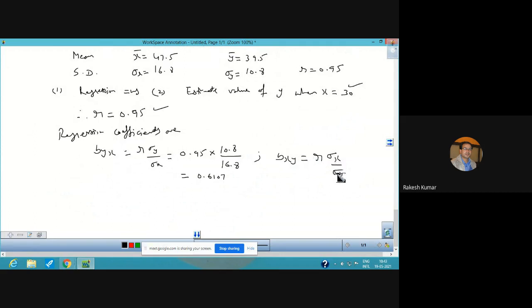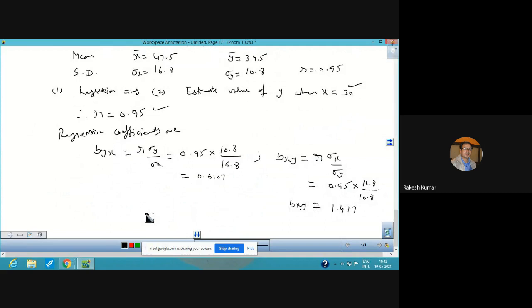So r is 0.95 into 16.8 upon 10.8. This comes out to be 1.477. So this is your second coefficient.